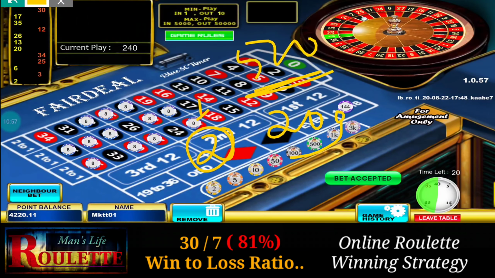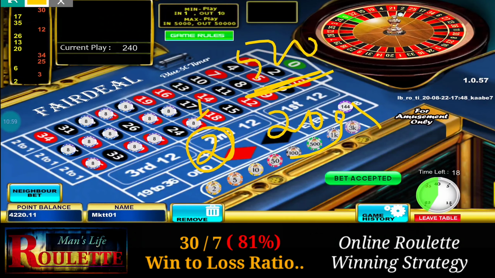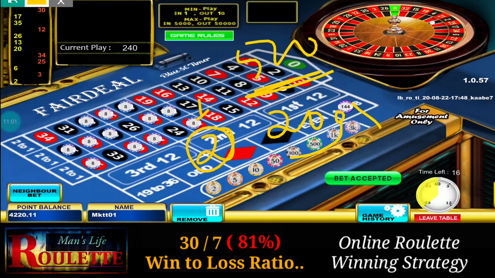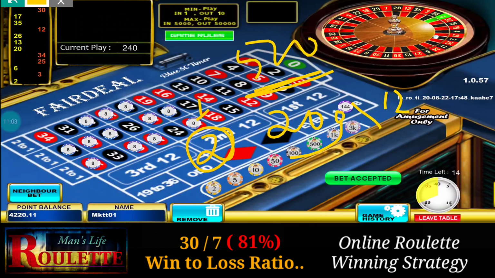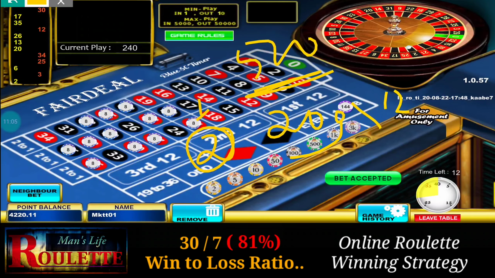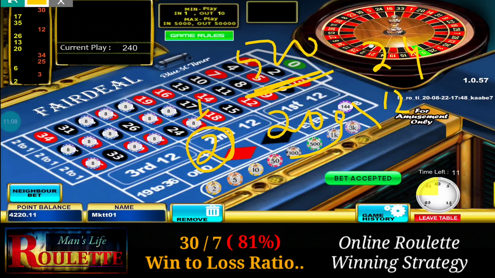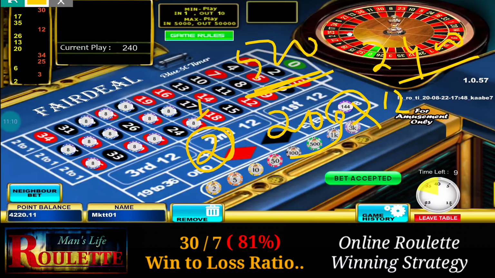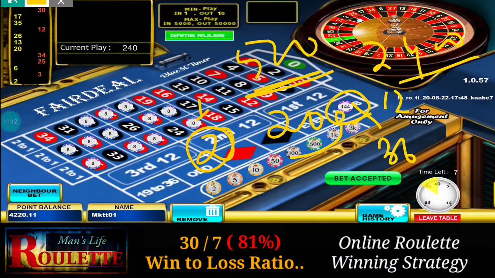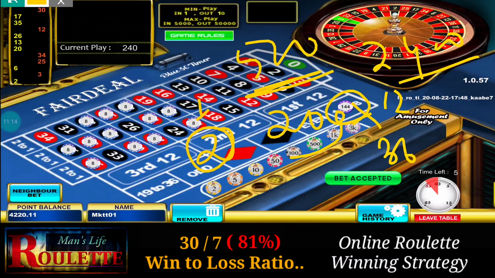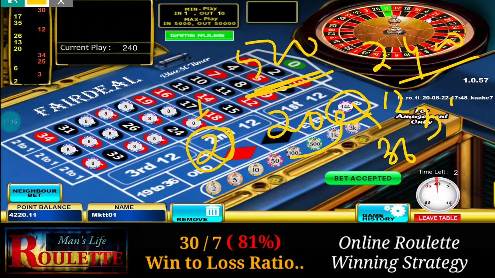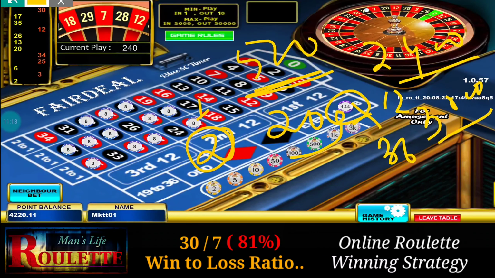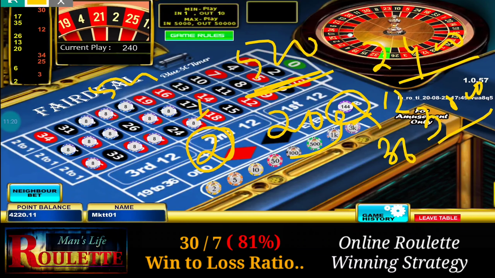So covering 12 numbers with 200, it will take almost 2400, and these 36 here, it will take another like 3000. So the total bets will become more than 5000 initially.